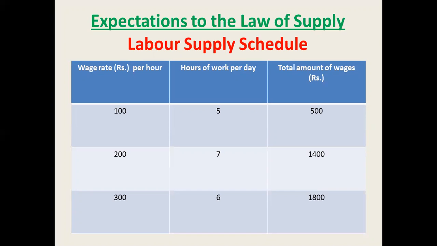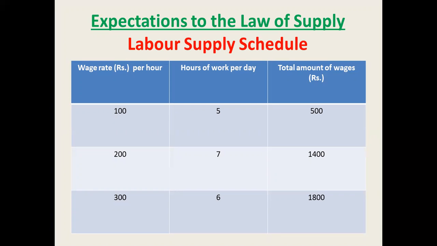The first wage rate is 100 rupees per hour. At that time workers spend 5 hours, so hours of work is 5.